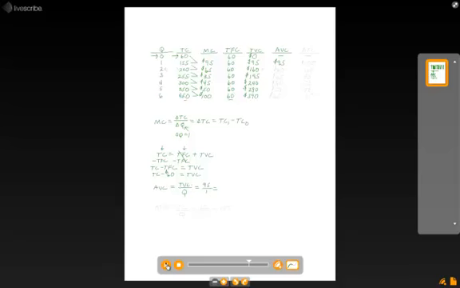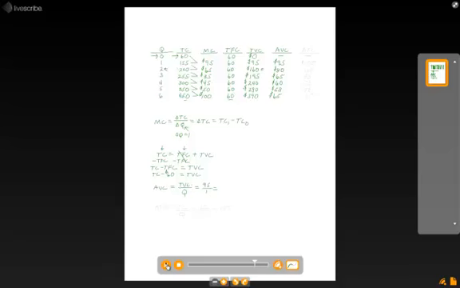On the second one, you have a total variable cost of 160. 160 divided by 2 is going to give you 80, and so on. 195 divided by 3 will give you $65. 240 divided by 4 is going to give you $60. 290 divided by 5 is going to give you $58. And then lastly, 390 divided by 6 is going to give you $65. So there's your average variable cost.